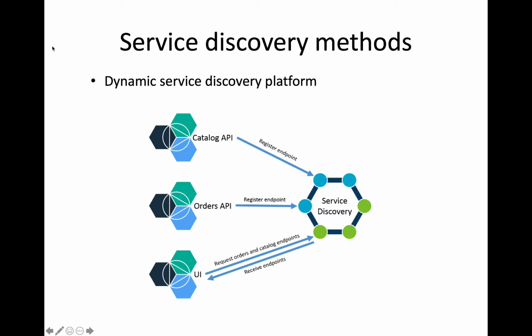Each time you launch a service in the platform, maybe you're launching a catalog service or orders or UI, each one of these services would register itself with the centralized service discovery mechanism. So it would tell the service discovery mechanism where it is currently located, and then other services in the platform could query the service discovery service to find the location of other services that it wants to communicate with.